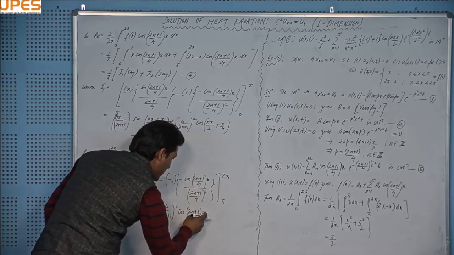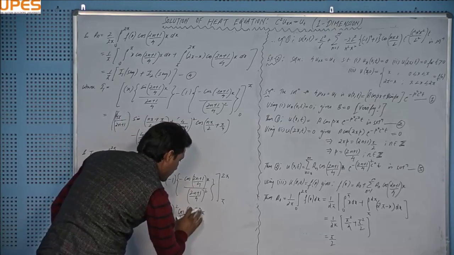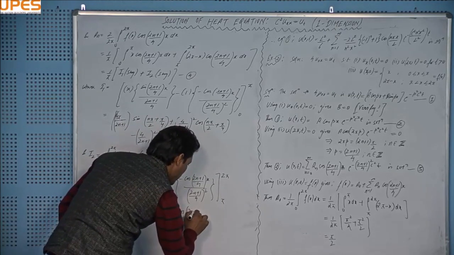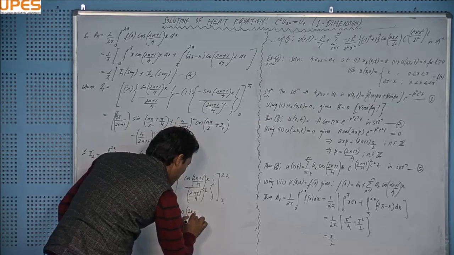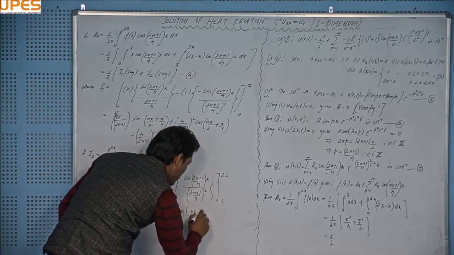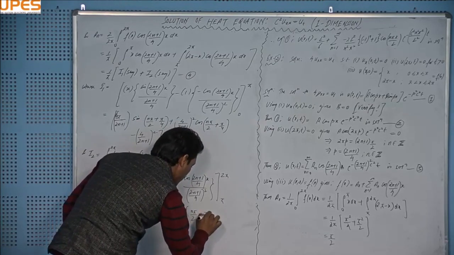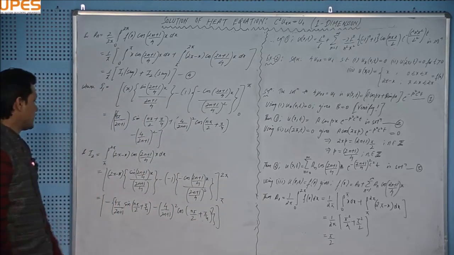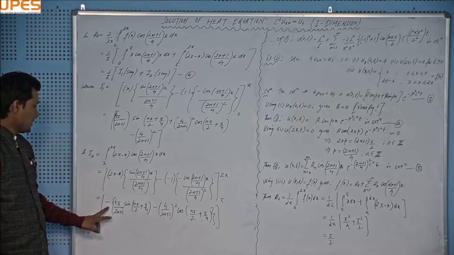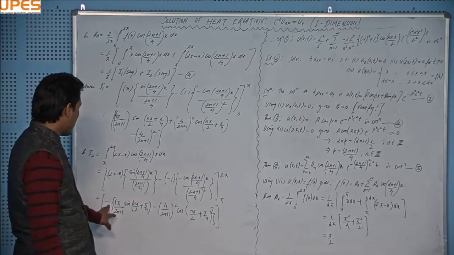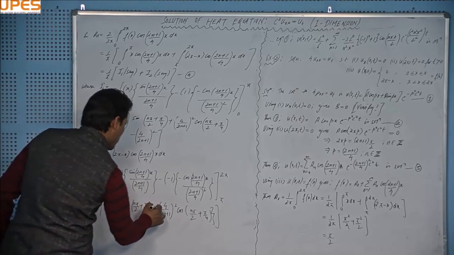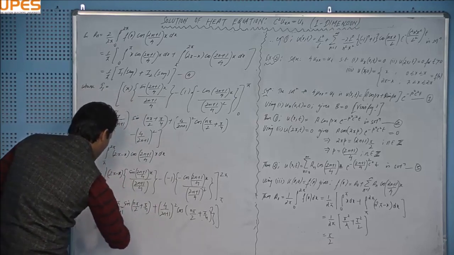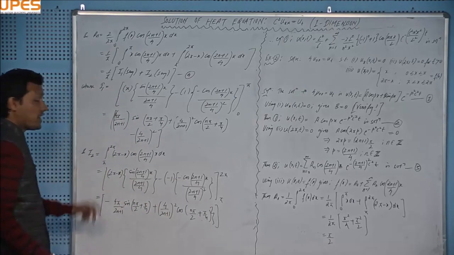And that pi by 4 will enter inside, right? So 2n pi by 4, that will become n pi by 2, and plus pi by 4. I think this is fine. Okay. And then this minus will go inside, and that will become minus, and that will become plus. So I will put a plus here and minus here. So that will be my I2, right?